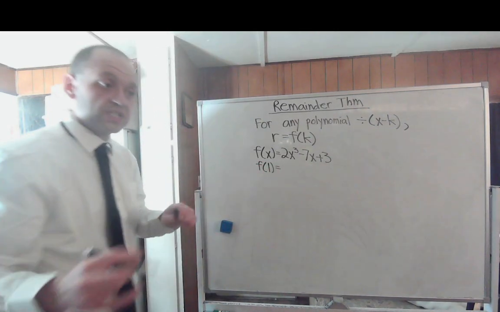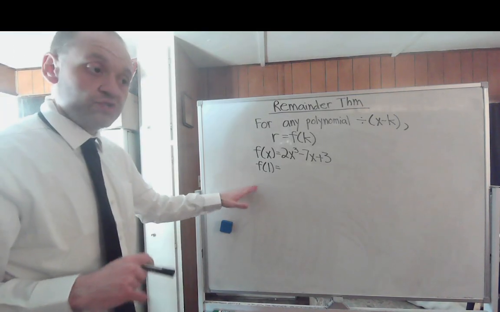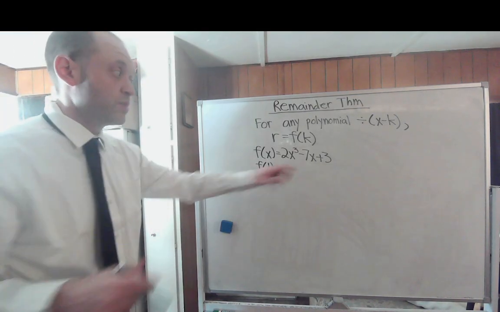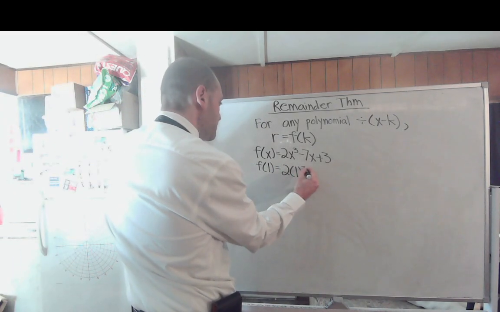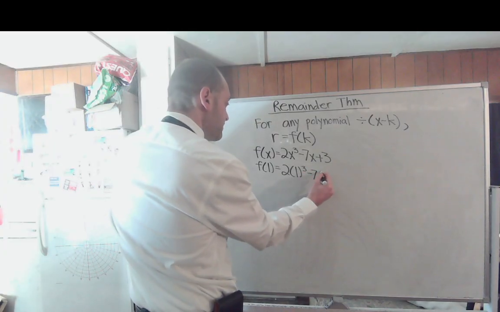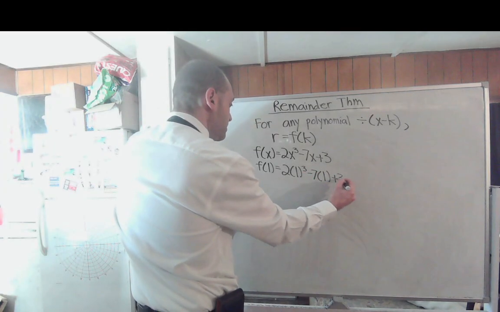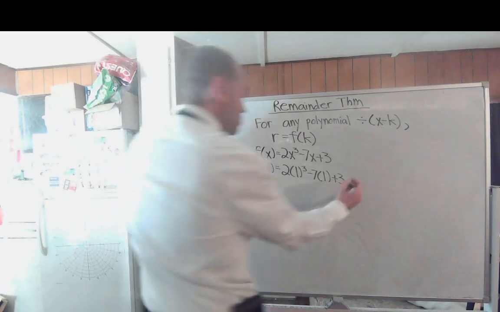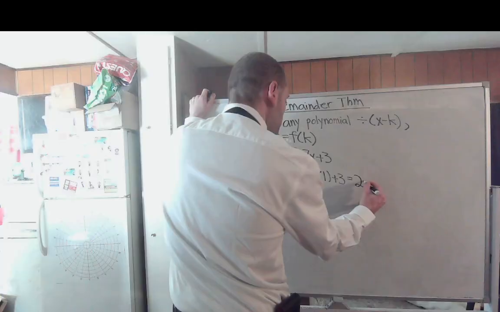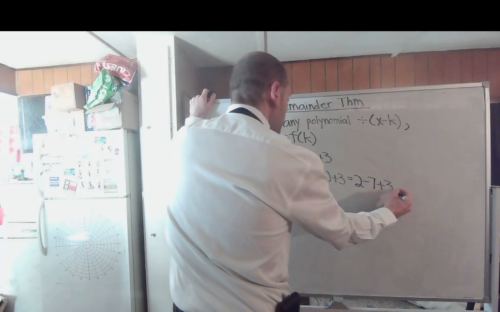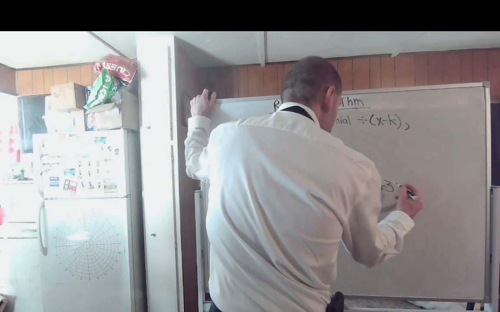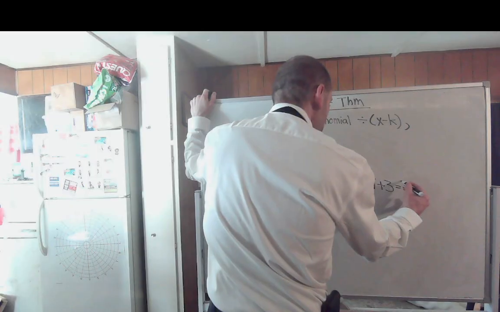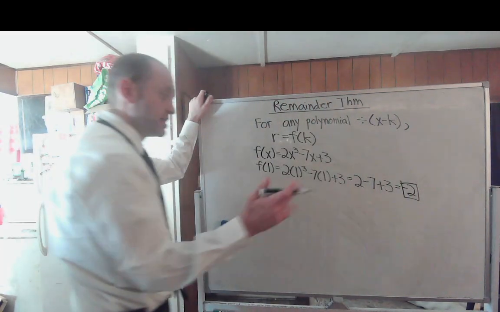First, we're going to do this by direct substitution, which is I just put in 1 for x. So that would be 2 times 1 to the third minus 7 times 1 plus 3, which would end up giving me 2 minus 7 plus 3, which would end up giving me negative 2. I get that via direct substitution.